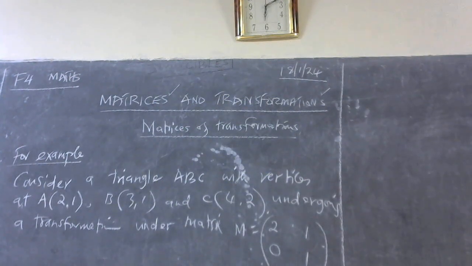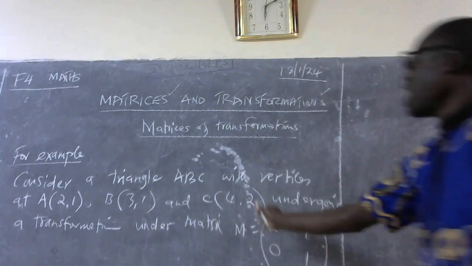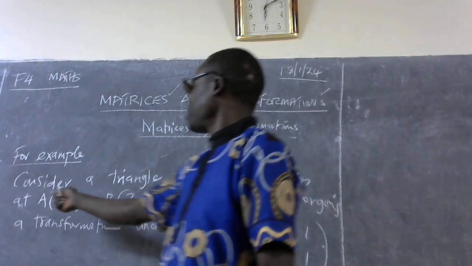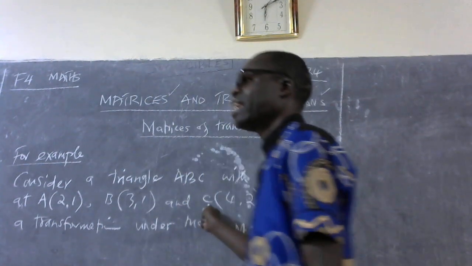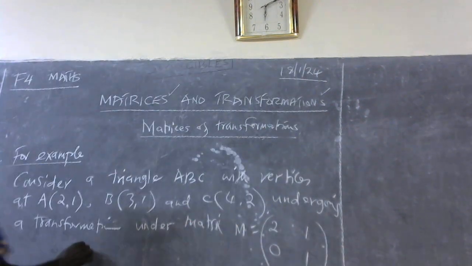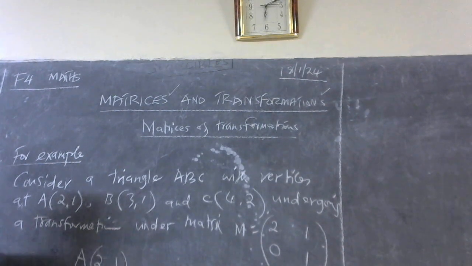So let us have the matrix now given, and you realize that this is an object because it is only A, only B, only C. An object will be that: (2, 1), (3, 1), and (4, 2).